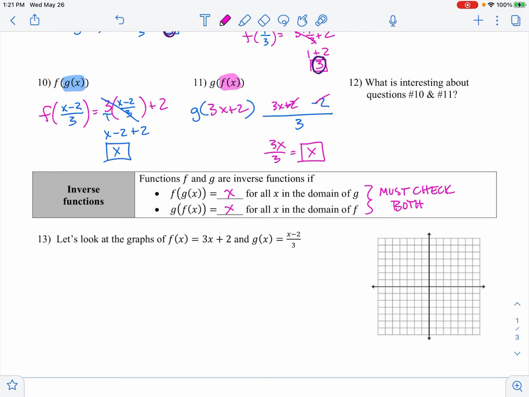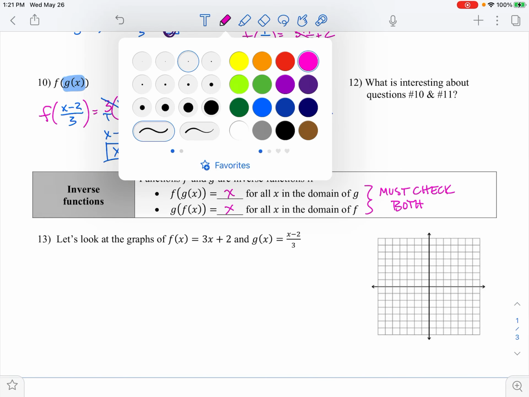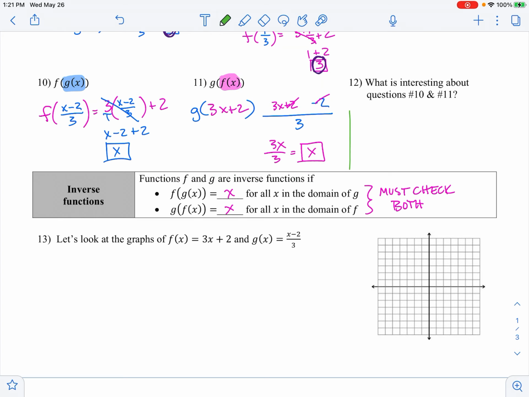Now, this isn't typed on the notes, but just a quick aside so that hopefully this makes sense to you. My favorite example of this is degrees Fahrenheit and degrees Celsius. So if I take some temperature, let's say we're measuring our temperature here in Acton, so we're measuring in Fahrenheit.